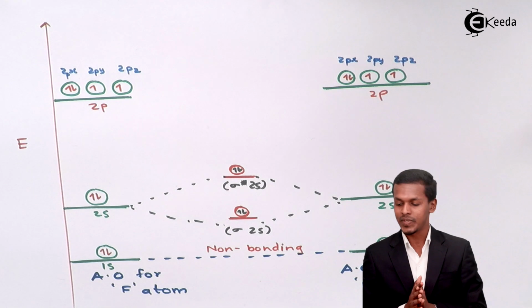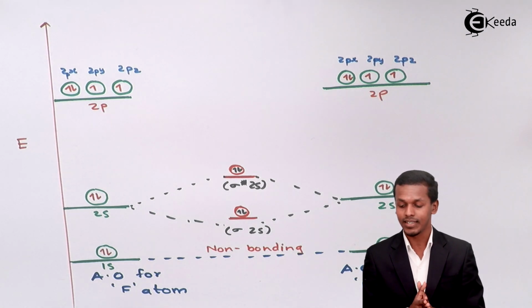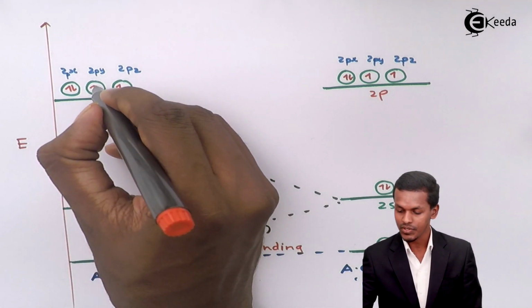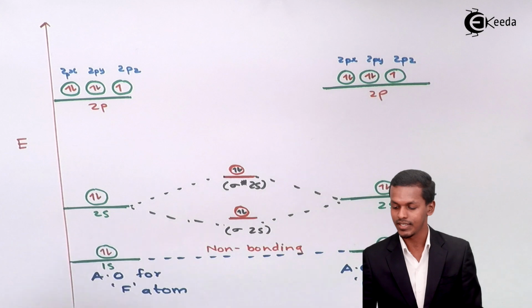So this is what we have represented over here, and the next thing we have to do is fill in the electrons, and that is what we are going to do. So here there would be 5 electrons, so I am representing it over here in this way.